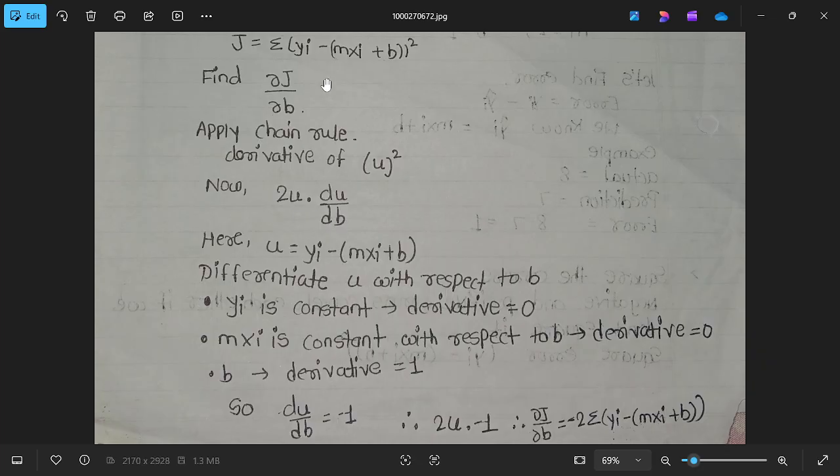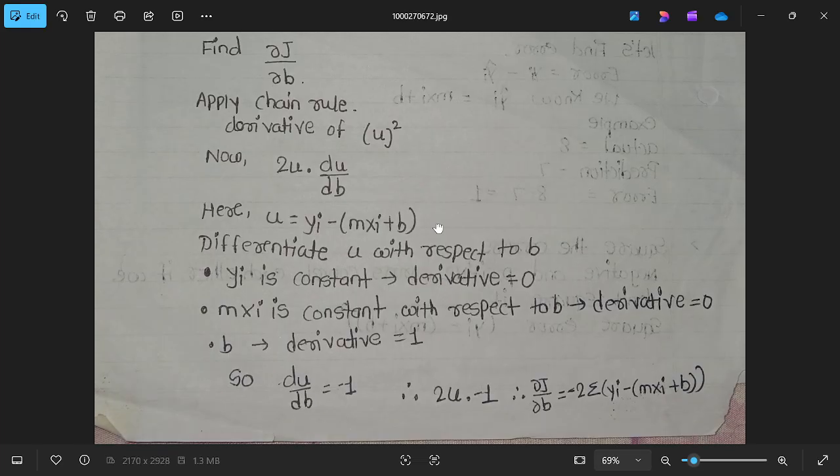Here u is equal to yi minus mxi plus b. In partial differentiation, we differentiate with respect to the variable we are interested in. What is the first value here? This is yi.